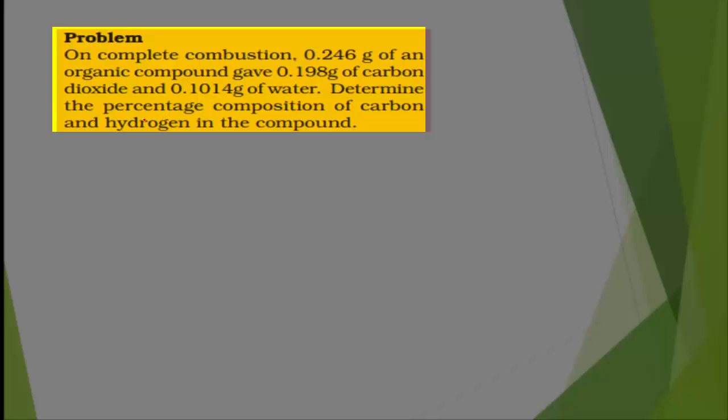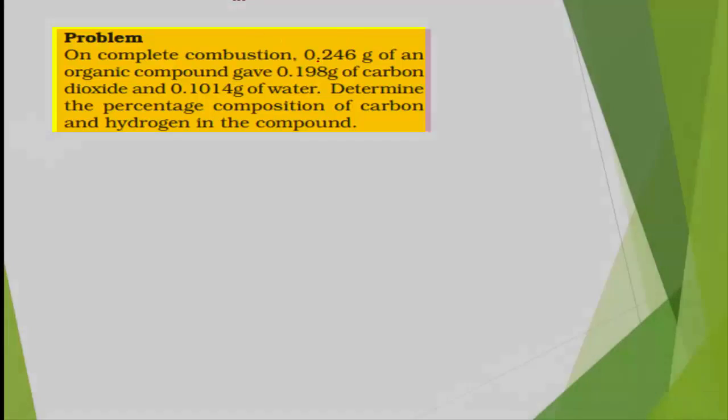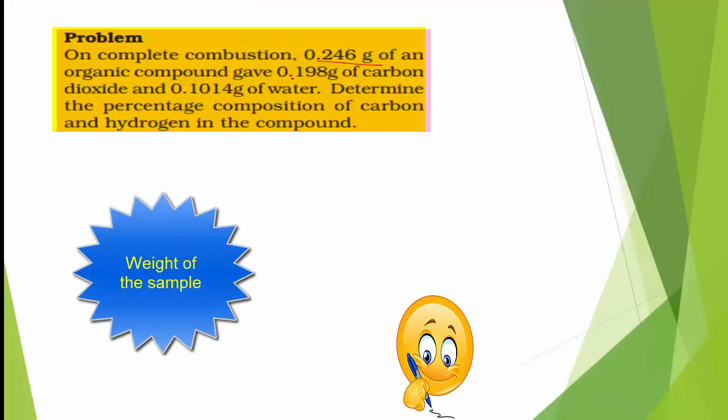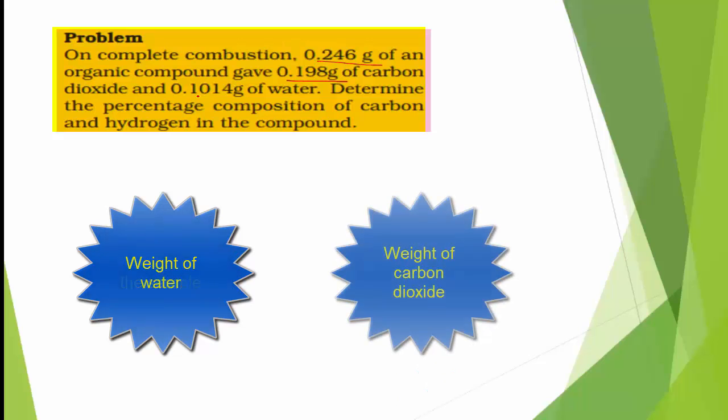Okay, so what we are going to do is, I will provide the rough framework how you have to solve the problem. Then we will pause the video and you can solve the problem, and after that I will provide the solution. Now what's given is the weight of the sample, and we have got weights of carbon dioxide and water.